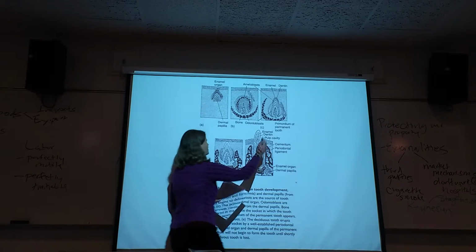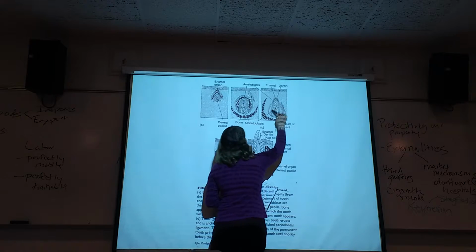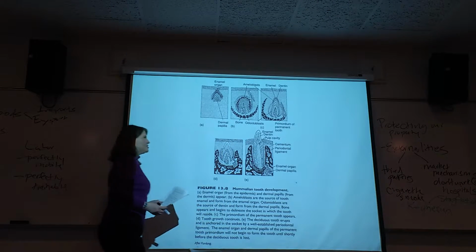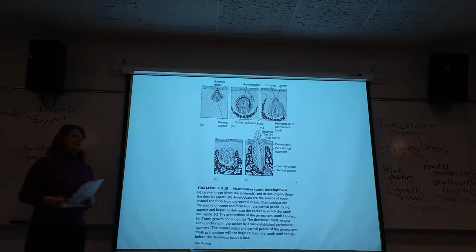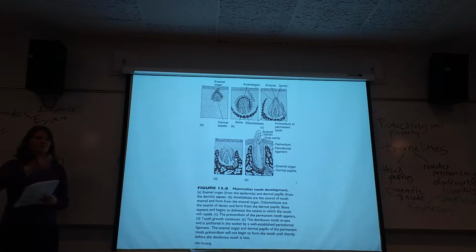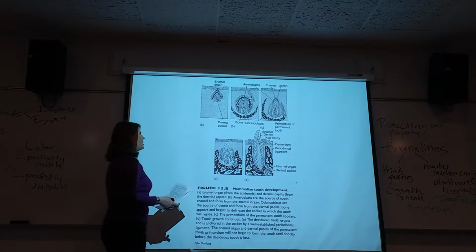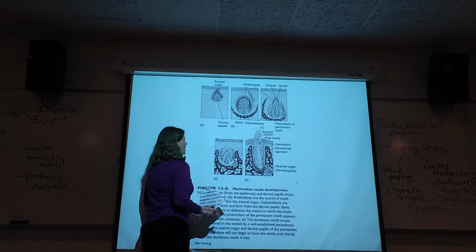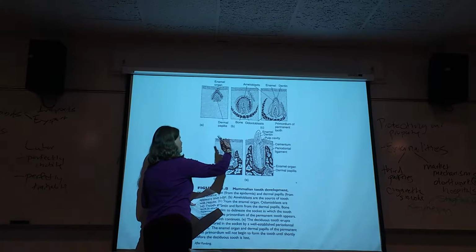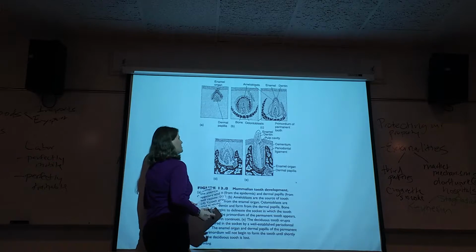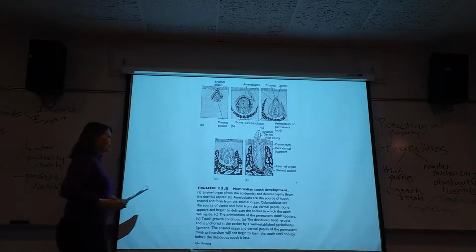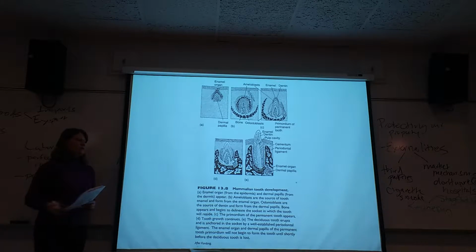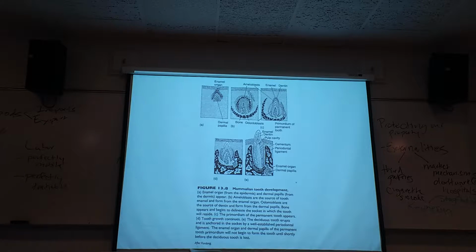So you can see the odontoblasts here. And it's the dermal papilla that's going to induce production of enamel in the overlying layer. So we have simultaneous production of dentin and enamel. And it just continues to grow upward until the tooth erupts. So this is the process of tooth formation.